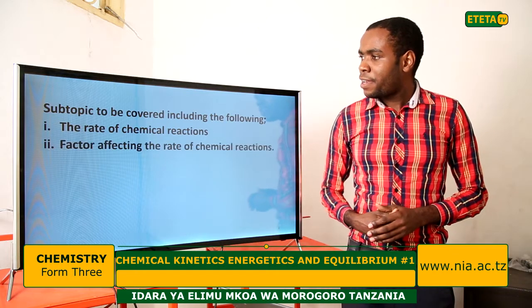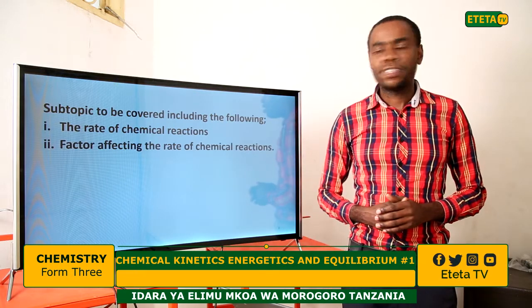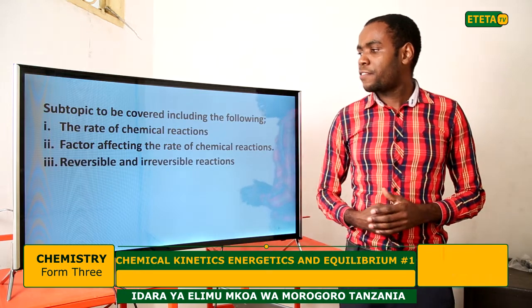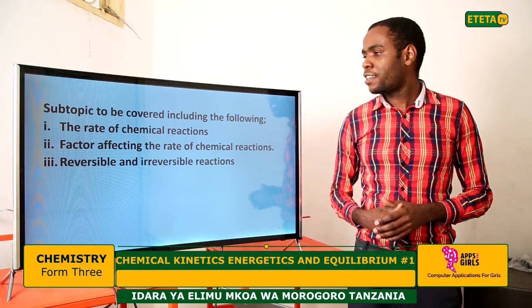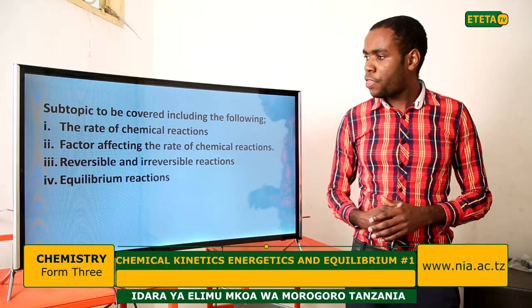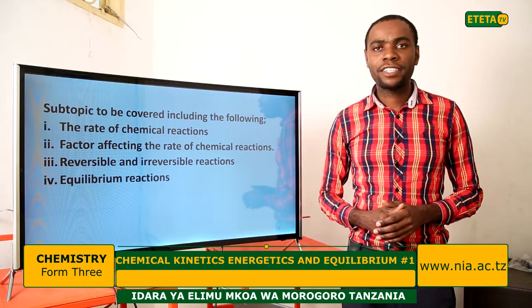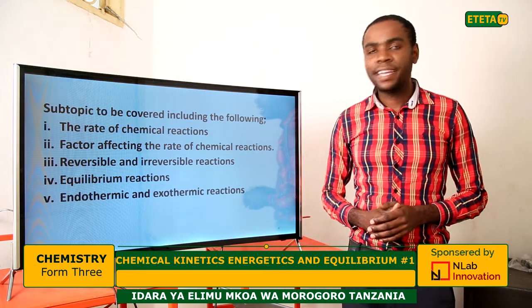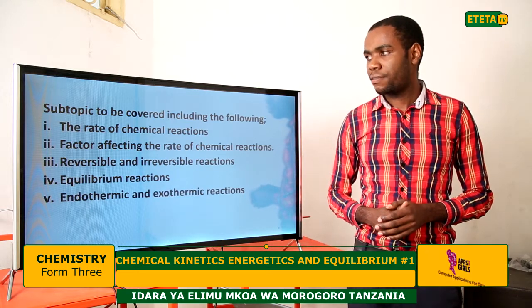The second one is the factors affecting the rate of chemical reaction. Third is reversible and irreversible reactions. Fourth is equilibrium reaction. And the last is endothermic and exothermic reactions.